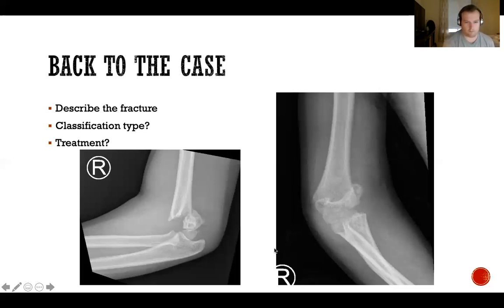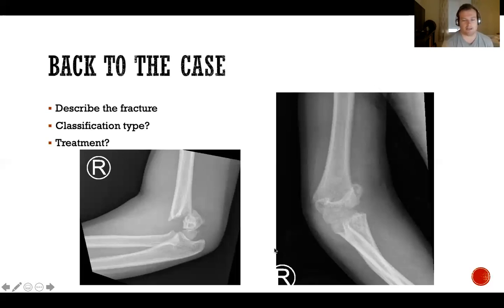Additionally, since some of the nerves that go down to your hand run along with a lot of these vessels in the front, you're also looking to see if there's injury to any of the nerves in the hand. For an extension type supracondylar fracture, you're concerned that the AIN may be injured. You'd see that this child is unable to flex at the IP joint of the thumb.